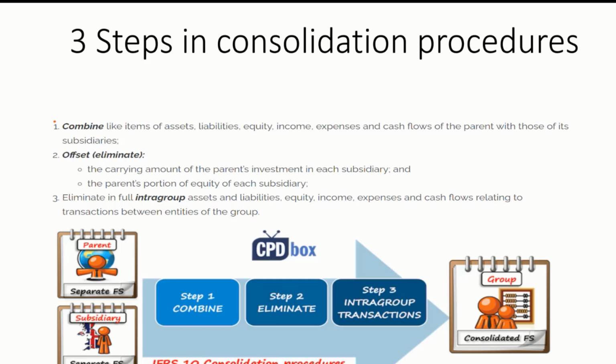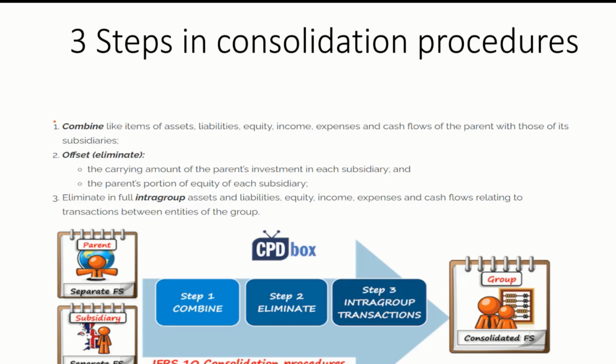I'll explain to you. Then thirdly, you eliminate in full the intra-group assets and liabilities. So what we spoke about, the loan on one side and the asset on the other side, or the accounts receivable on one side and accounts payable on the other, they have to be eliminated. Then you also eliminate the intra-group equity, intra-group income, and intra-group expenses.